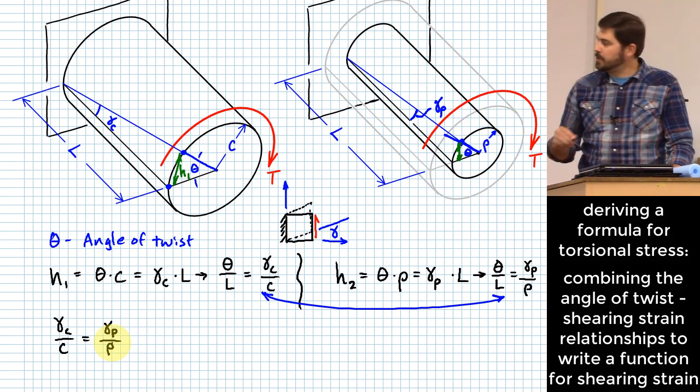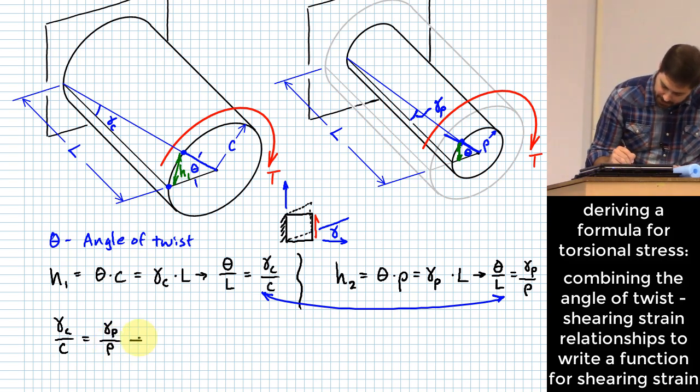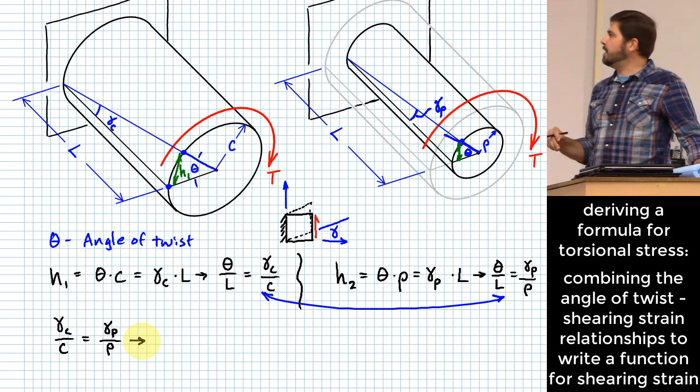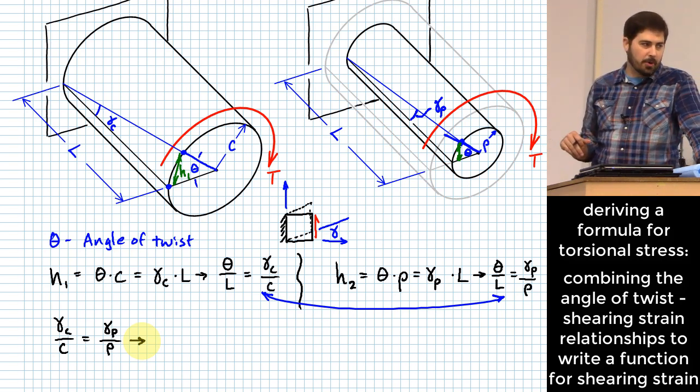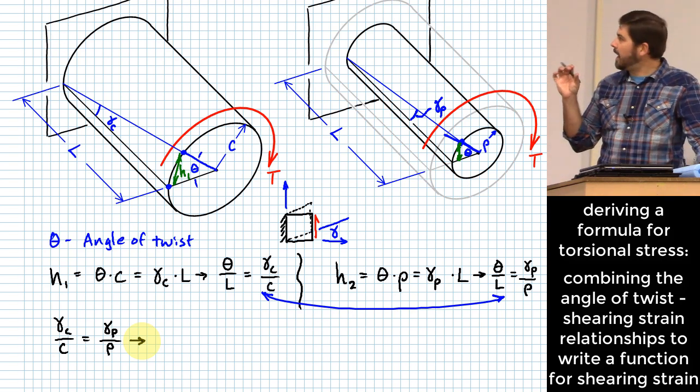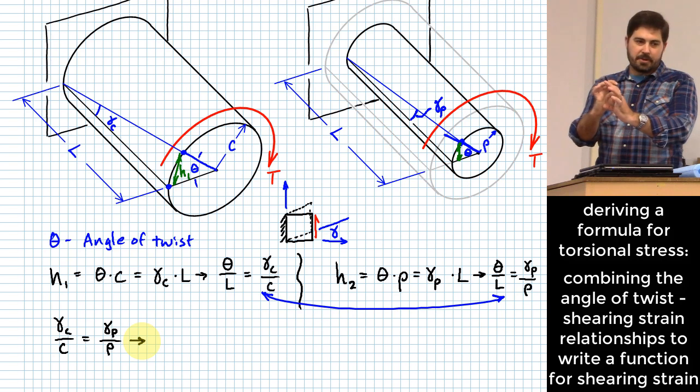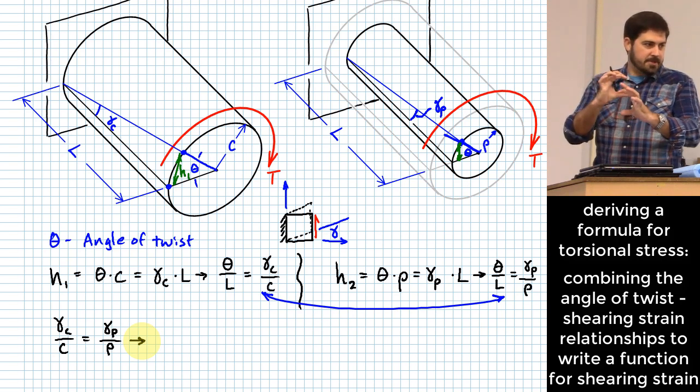Okay, and I'm going to change this up just a little bit. The first thing I'm going to note is I didn't pick any particular value of rho. I'm going to let rho be a variable that will describe any cylinder of material inside of the bigger cylinder.